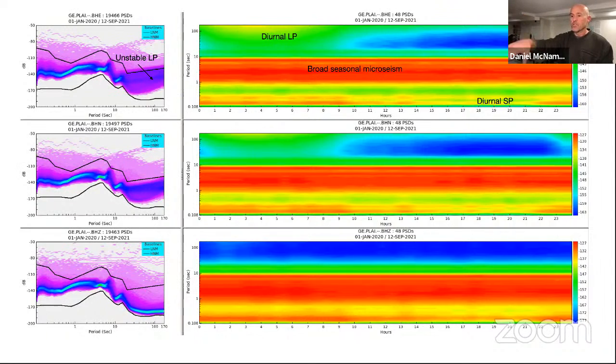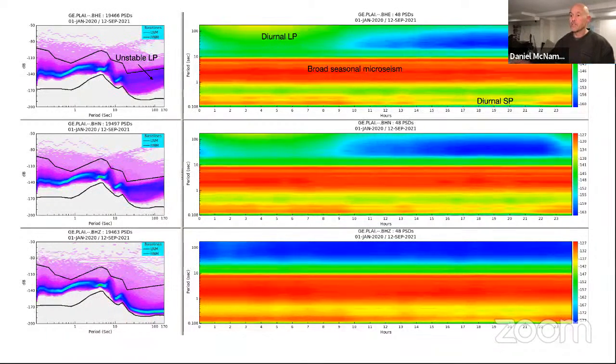And again, if you look down at that BHZ panel, the lower left panel, you can see that funny scalloping looking PSD at the very top. That's again an STS2 recentering itself, probably because the sensor is moving around a lot due to tilt of the pad that it's sitting on. Okay, I'm not sure I labeled that.